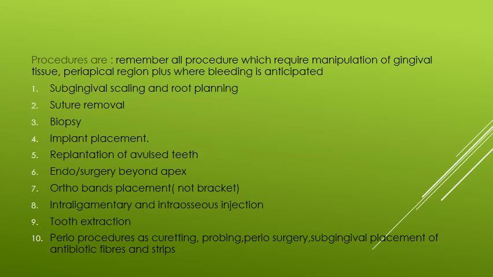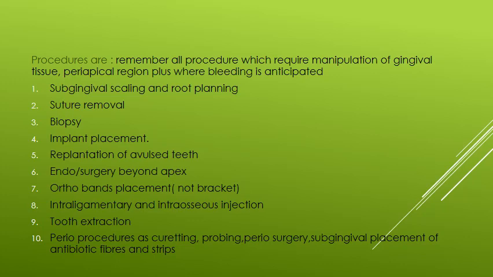Then suture removal. So these are the procedures which will require antibiotic prophylaxis. I'm just going to read it out: subgingival scaling and root planing, suture removal, biopsy, implant placement, replantation of avulsed teeth, endodontic surgery beyond the apex, ortho bands placement. Remember, not brackets, because they do not interfere with your gingiva. So ortho bands placement, not brackets.